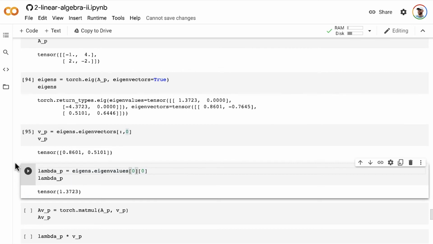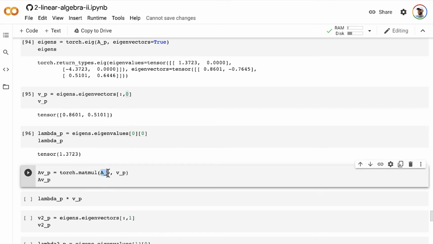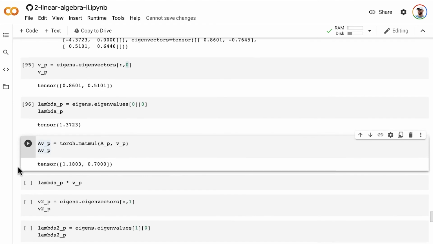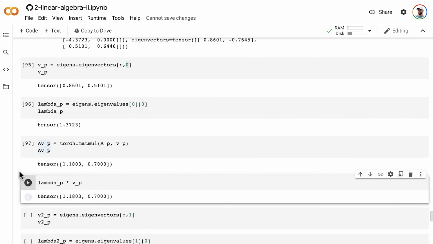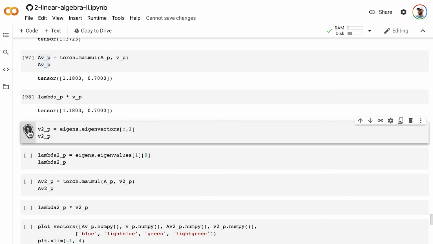So, just like we did in NumPy, we can use matrix multiplication and pass in our matrix A as well as our first eigenvector to get the product, and pass in our first eigenvalue and our first eigenvector, and we get the same result, just as we would expect, as is true for our second eigenvector.